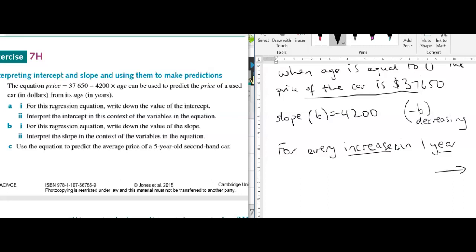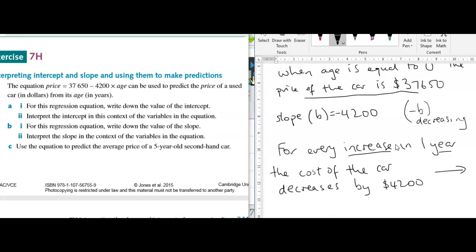So for every increase in 1 year, the cost of the car, now remember it's negative, so it's decreasing, decreases by 4,200. We don't write by negative 4,200.